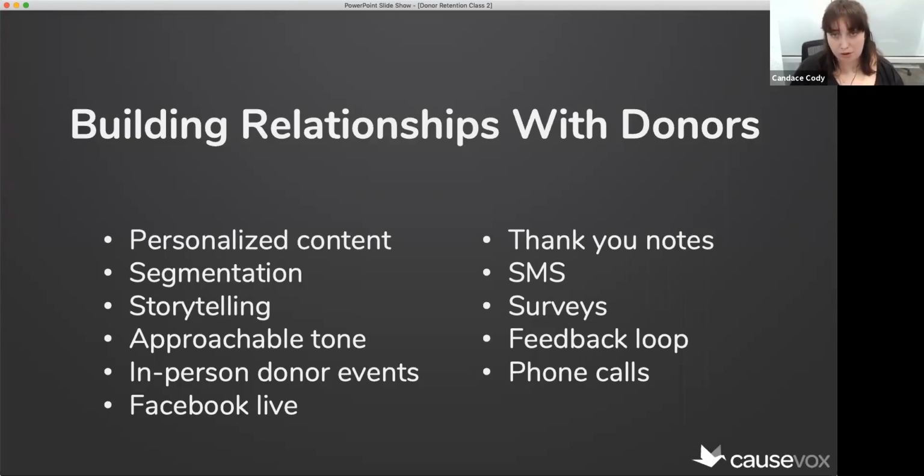Personalized thank you notes are always super appreciated from donors. Also text messaging. We talked about surveys a little bit last week, and I think this is a big way for you to get more insight into how to build a relationship with a donor. And it also gives your donors the opportunity to provide you feedback as well.